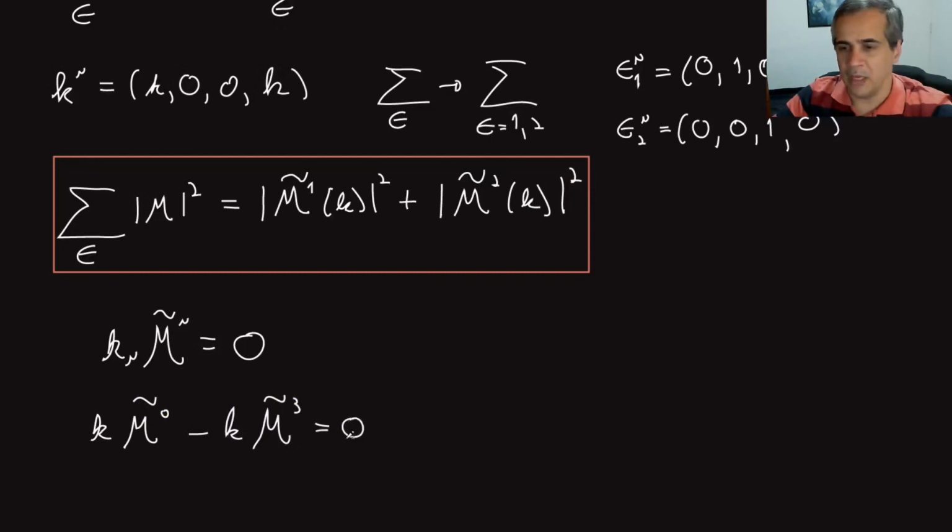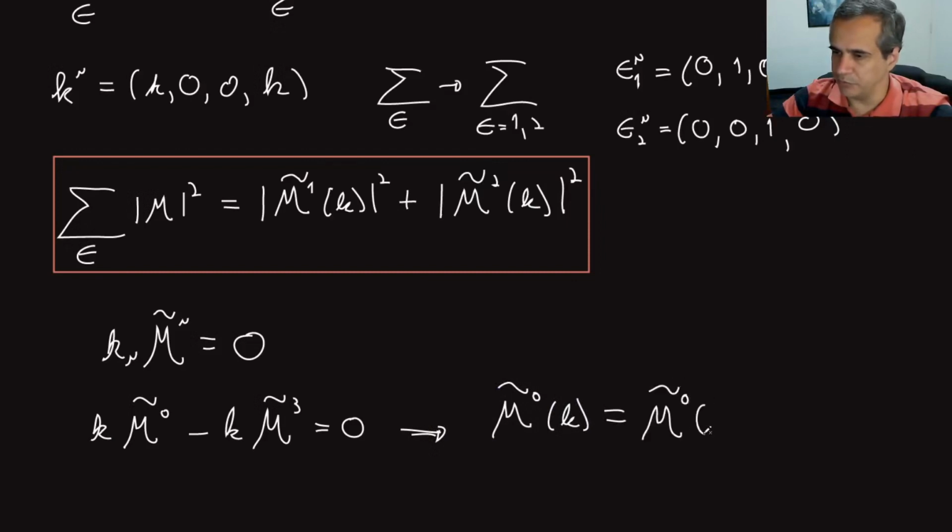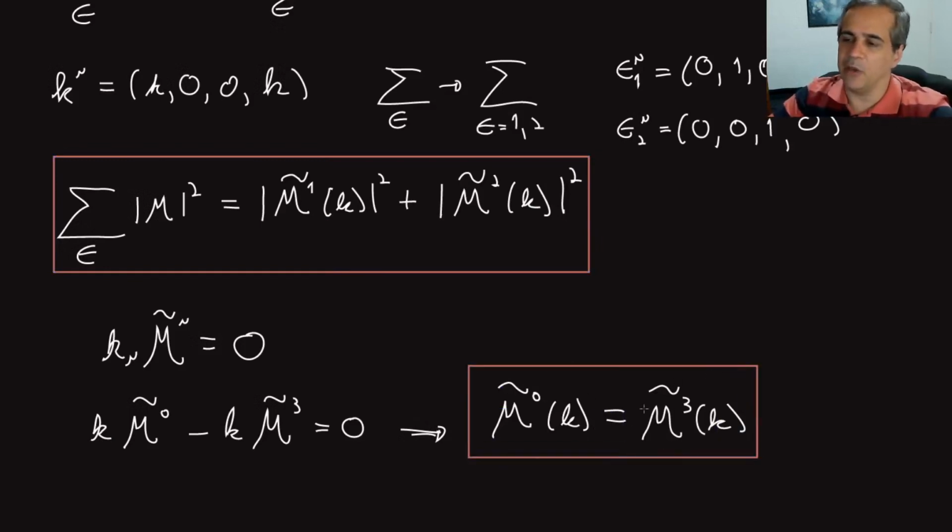And since this should be valid for any value of k, that means immediately that M tilde 0 of k must be equal to M tilde 3 of k. Which is important. Again, remember when we did the canonical quantization of photons, that similar ideas appeared.